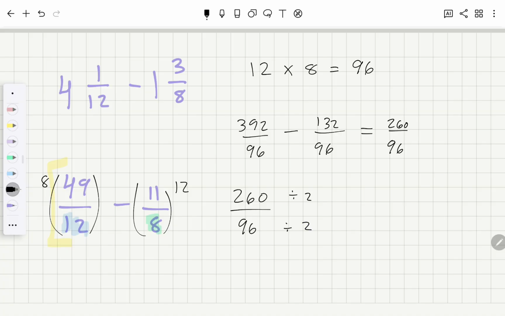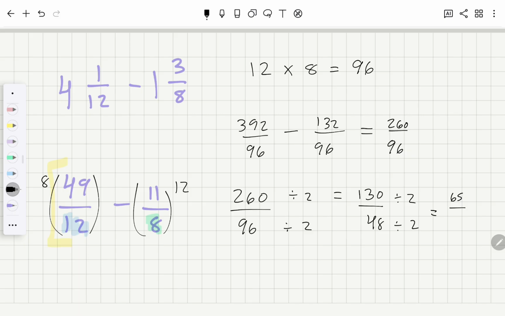And I am using a calculator for this, so 260 divided by 2 is 130, over 96 divided by 2 is 48. And I notice that these are also both even numbers, so I'm going to divide them by 2 again. 130 divided by 2 is 65.